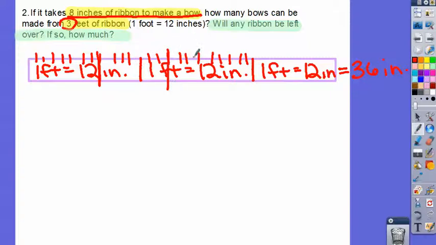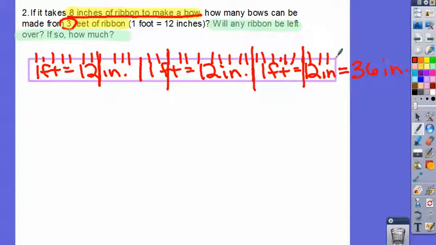And I think my math is off somewhere. And then it should be 1, 2, 3, 4, 5, 6, 7, 8. And I should have 1, 2, 3, 4 pieces left over.